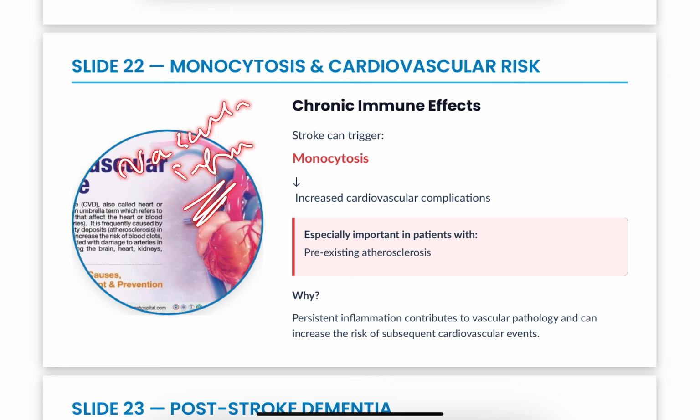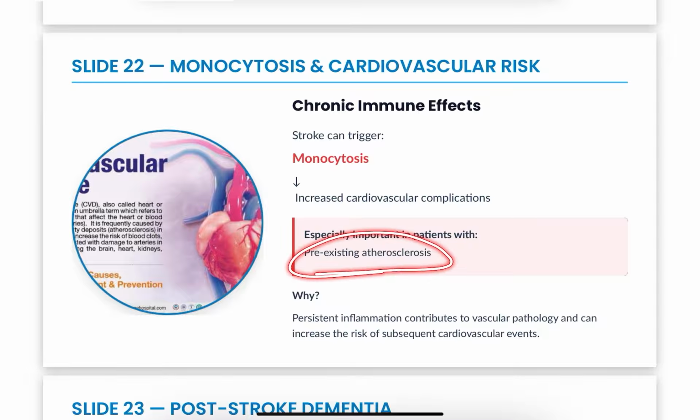Therefore, the post-stroke monocytosis may increase the risk of cardiovascular complications. And this is important in patients who have pre-existing what? Pre-existing atherosclerosis. So we're seeing that the inflammatory response after stroke is not actually confined to the brain. It could actually lead to cardiac effects, for example. And yeah, so this is it basically for this slide.